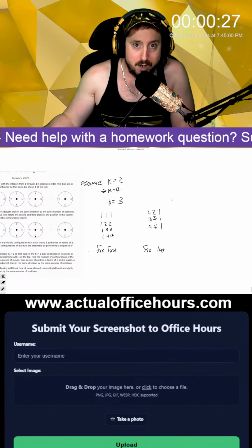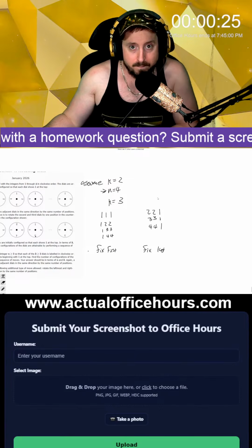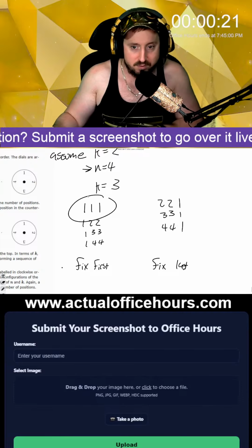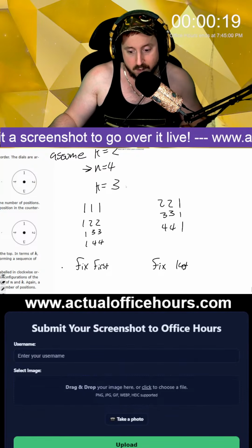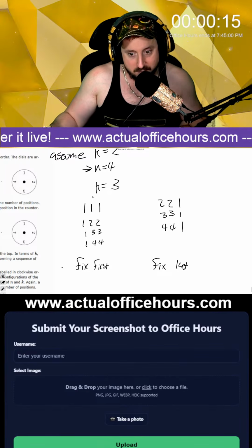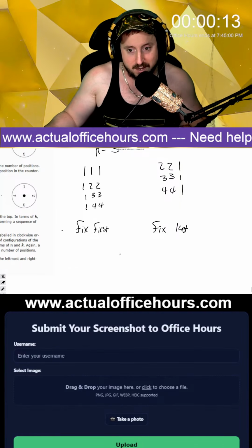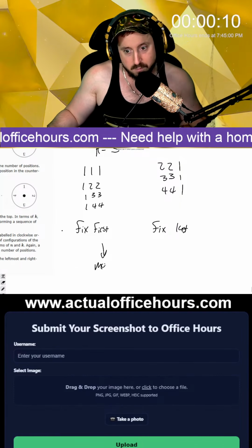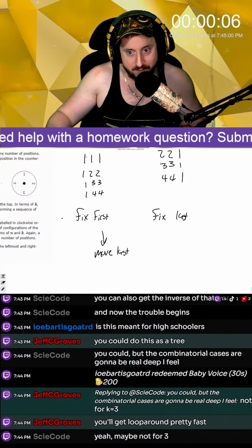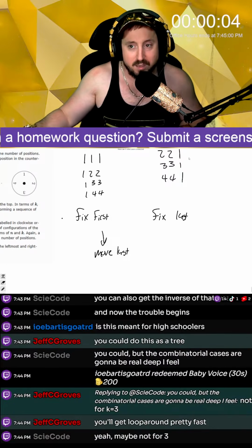Yeah, you can do this as a tree, right? Well, because once we have this, right? I could then, if I fix the first, move the last. Right? So in that case, if I fix the first, move the last.